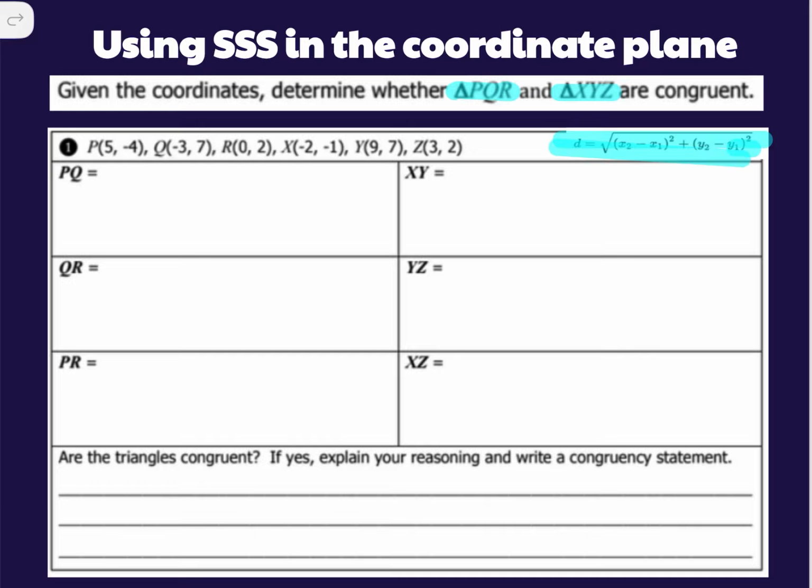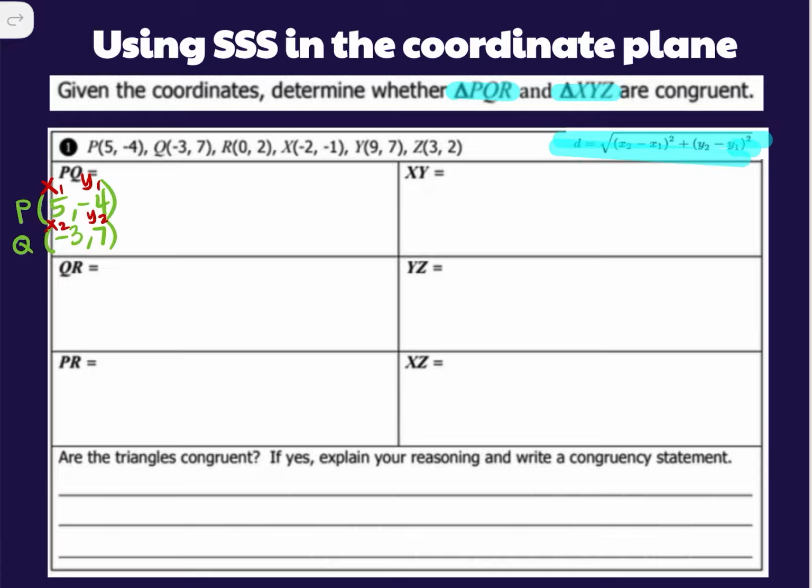So we're going to start with segment PQ. I'm going to list down the coordinates on the side: P with coordinates 5 and -4, and Q with coordinates -3 and 7. Using the distance formula, the first step is to label the coordinates: x sub 1, y sub 1, x sub 2, y sub 2.